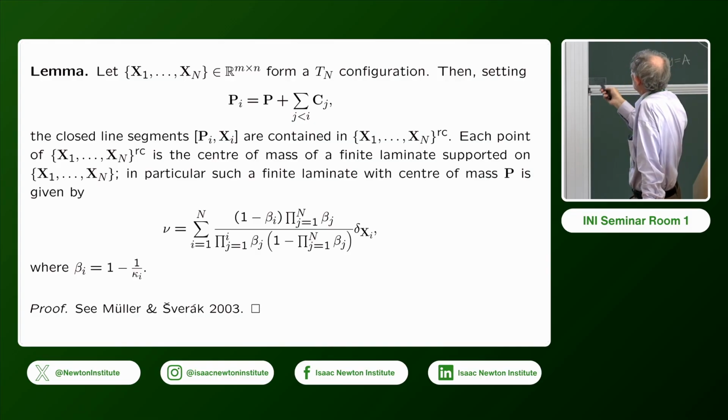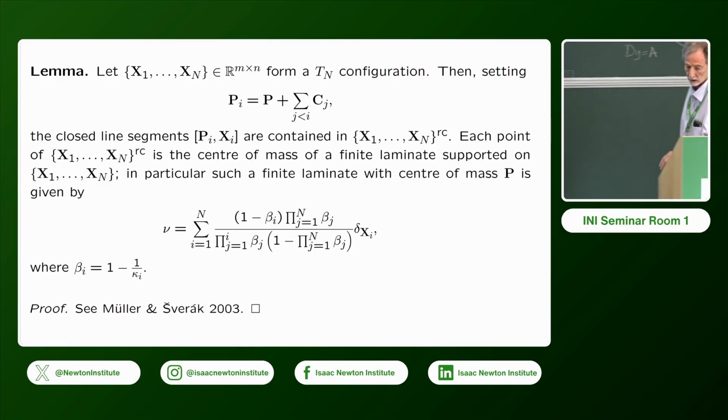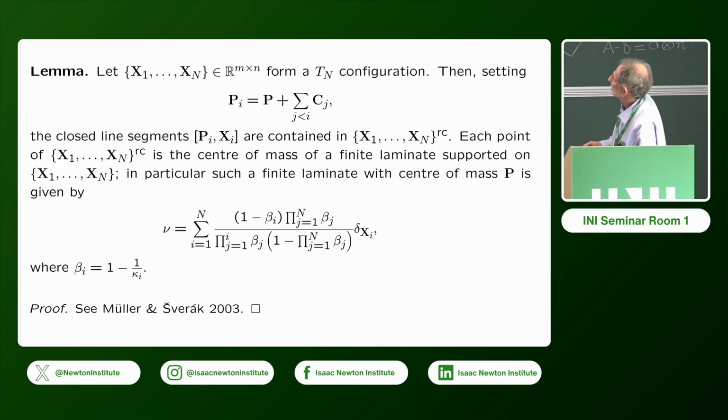And in particular, if you look at, say, P, you get an explicit expression for a laminate which has center of mass P. And it's given by this combination of Dirac masses. The beta_i are 1 minus 1 over kappa_i. The kappa_i were the numbers that were bigger than 1 in the picture. Okay, so this is essentially a standard result.